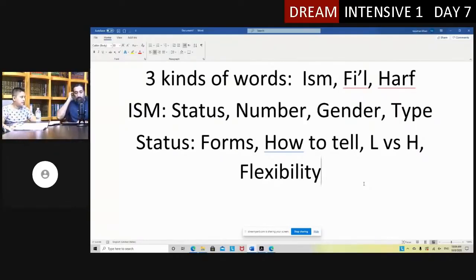Then Yusuf represents partly flexible words: Yusufu, Yusufa, Yusufa, meaning the rafa ends with u, the nasab ends with a, the jar also ends with a. Then there's Musa, which means you can't change nothing. It stays the way that it stays, whether it's rafa or nasab or jar. So the 3 ways of saying Musa is actually one way. That's why those 3 names, Muhammad, Yusuf, Musa, will help.